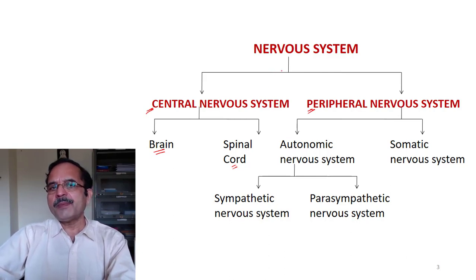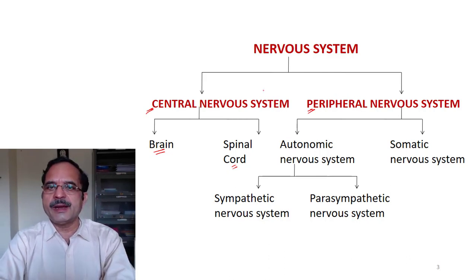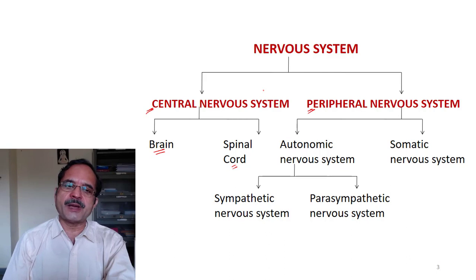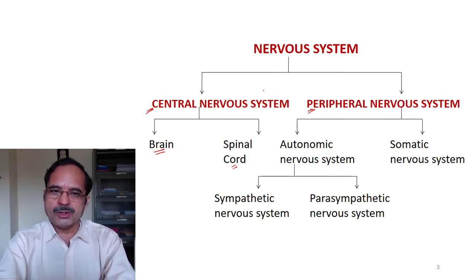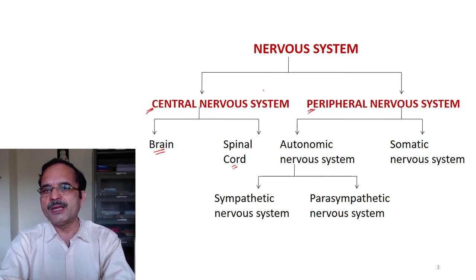Then the other part of the nervous system is the peripheral nervous system. This peripheral nervous system is connected to the central nervous system. The central nervous system starts from the spinal cord and extends up to the brain, so at various points some branches originate from the central nervous system to control the other parts of the body or the organs.